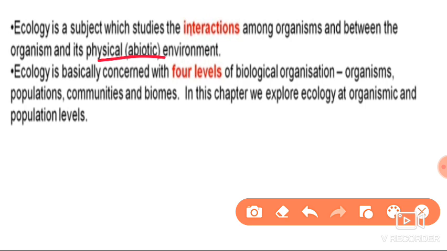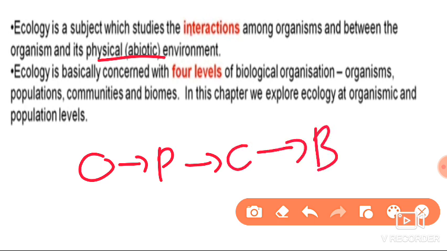Usually in ecology, four levels of biological organization are there. One is organisms, then from organisms to population, population to community, communities to biomes, and after the biomes there is the biosphere. That's not given here, but the biosphere is a bigger one.